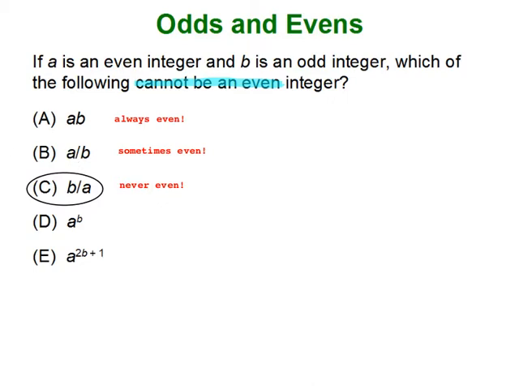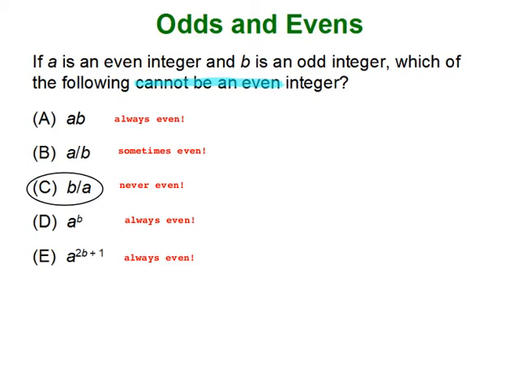With the final two, an even number raised to any power in the whole world will always give you an even solution, and an even power raised to an odd power will always give you an even solution. An even number raised to any kind of power always yields an even result. So as you can see, we have three answer choices that always give us an even integer, one that just sometimes does, and then only one correct answer that never does.